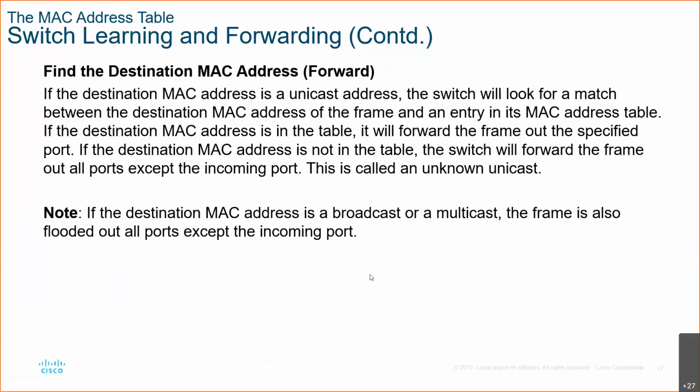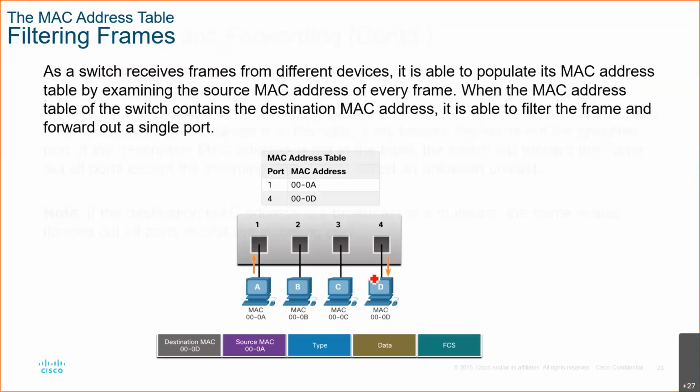Now that you have got these MAC addresses, every time the switch has to refer to a MAC address, it will look for a match in its table. If the match is found, it will forward the frame to that device. So this is how it's done.